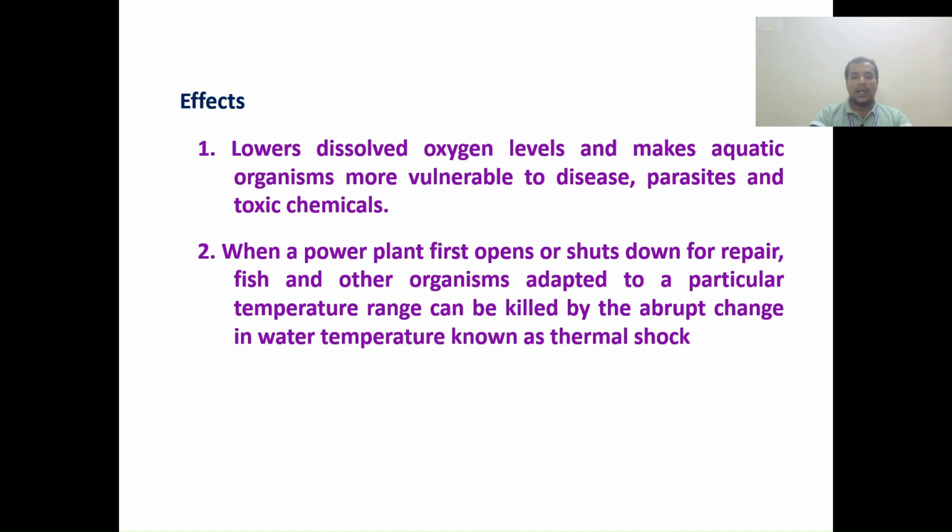When a power plant first opens or shuts down for repair, fish or other organisms adapted to a particular temperature range can be killed by the abrupt change of water temperature. It is known as thermal shock.